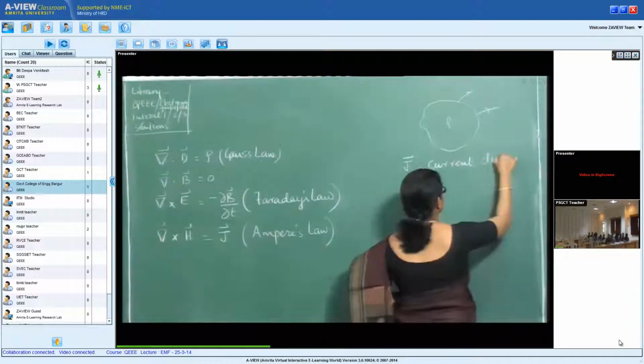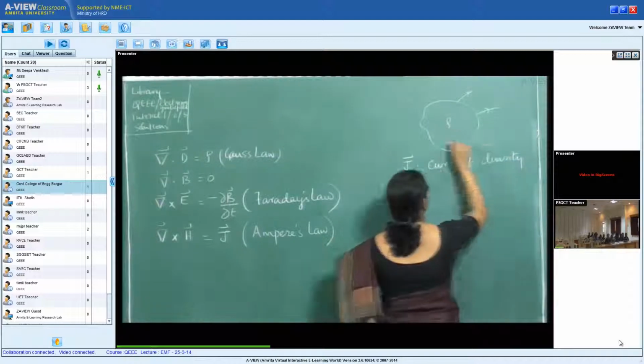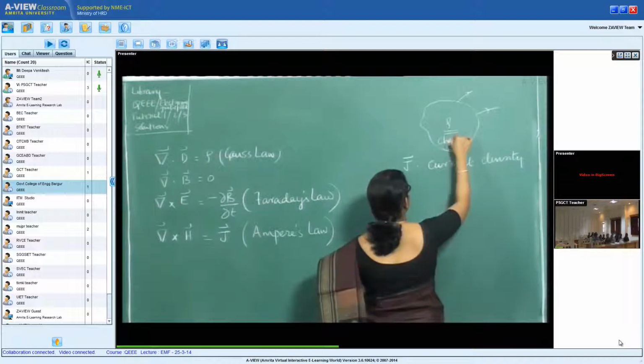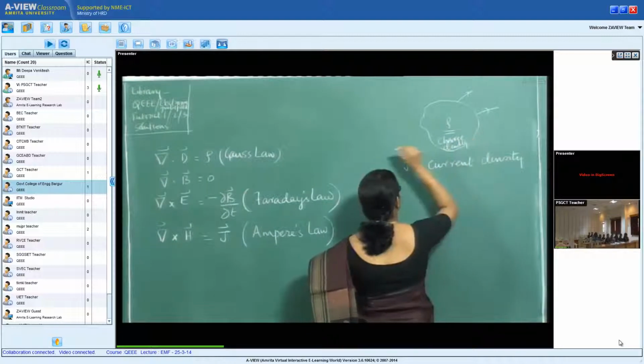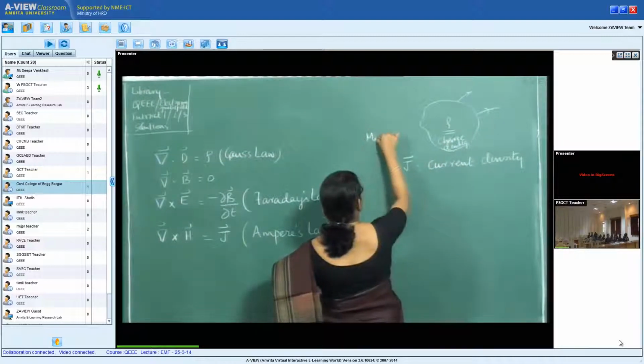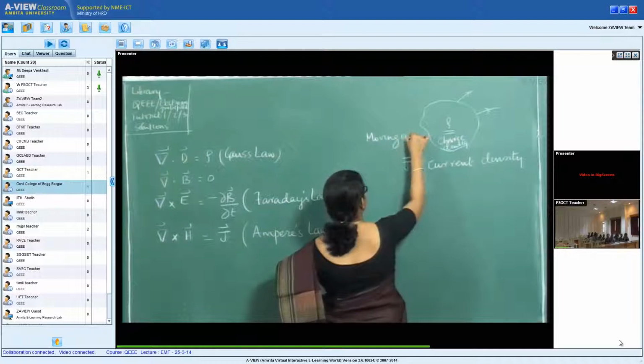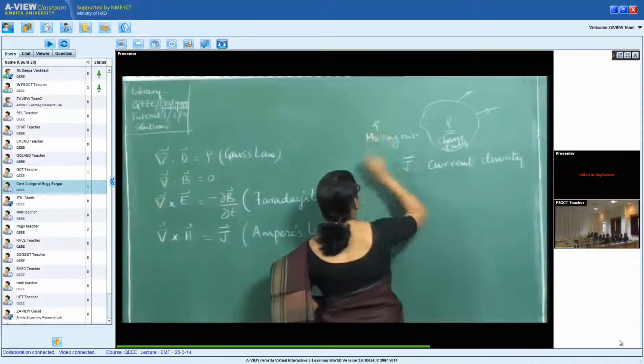So let us say J is the current density. So rho is the charge density and the charges are moving out.